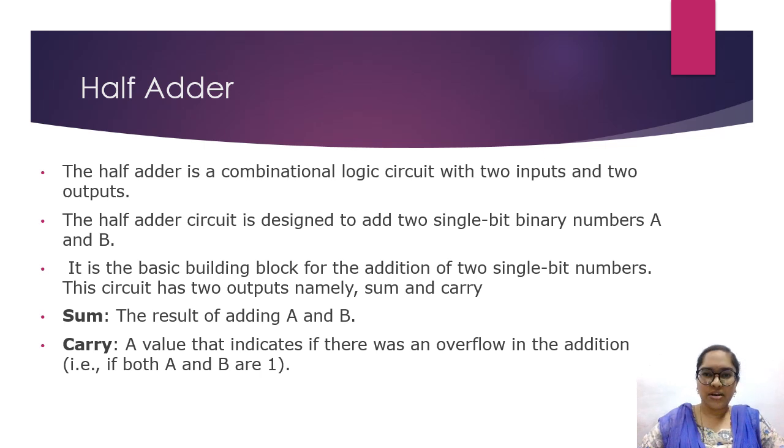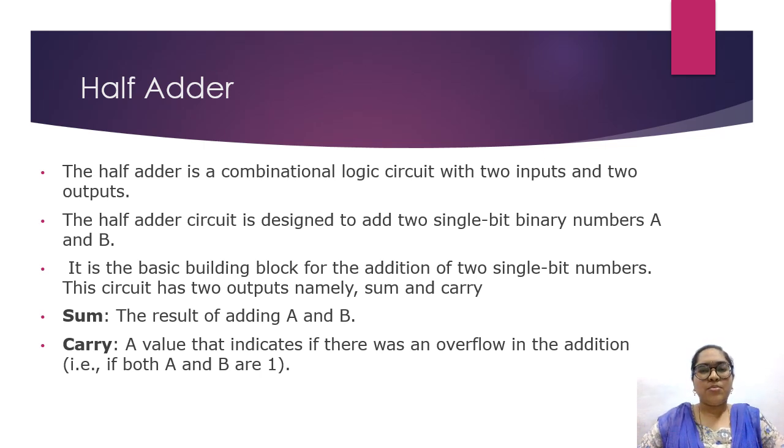So this half adder is a combinational logic circuit, and basically a half adder is a circuit which has two inputs and two outputs. Let us assume that the inputs as A and B, and we always get the output as sum and carry. So when we look at what is sum, it is the result of adding A and B, and the carry is a value that indicates if there is an overflow in the addition.